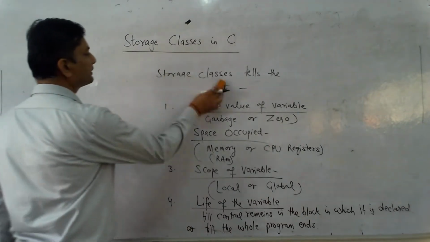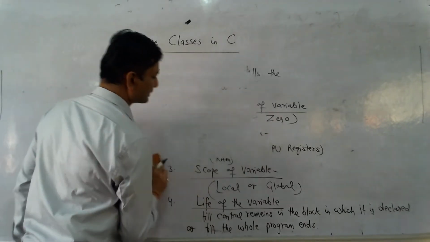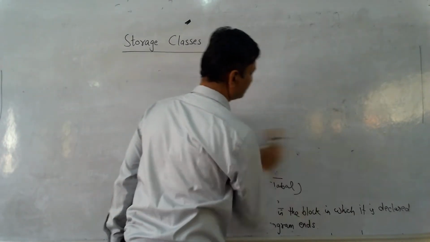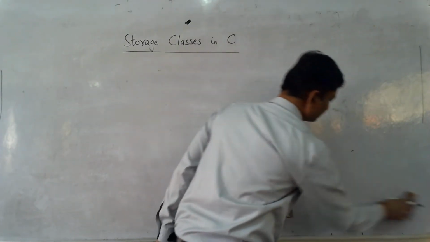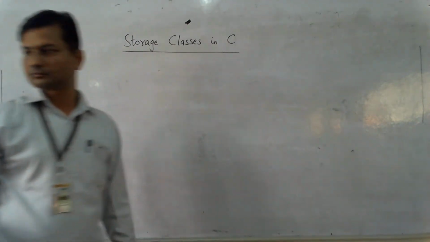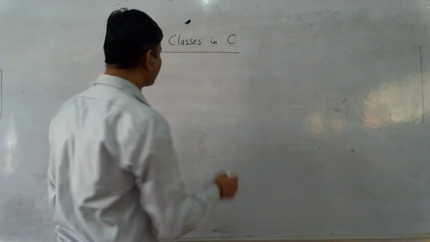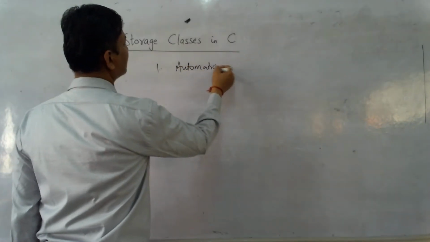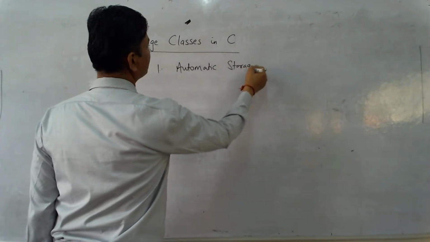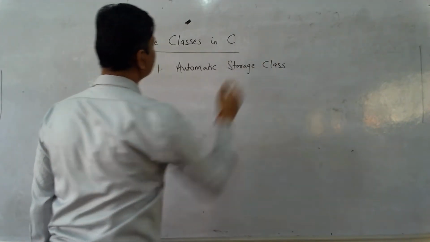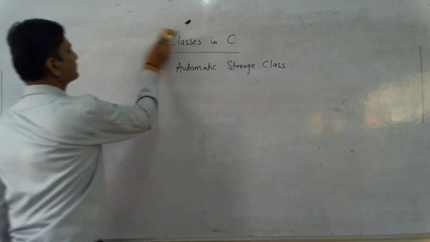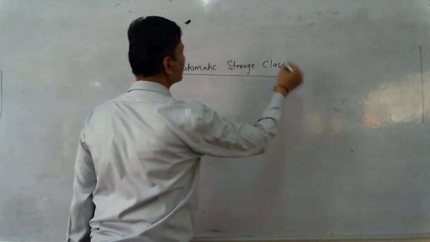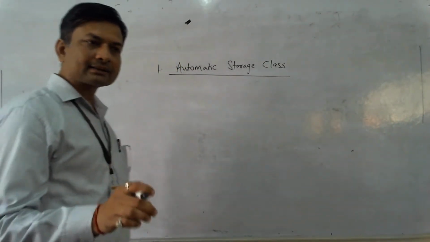So let's start with automatic storage class. Number one is automatic storage class. Every class has a keyword.